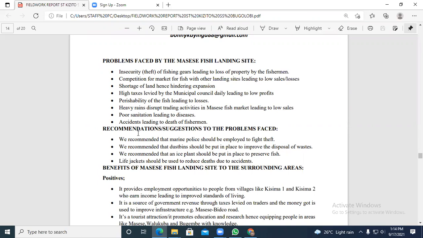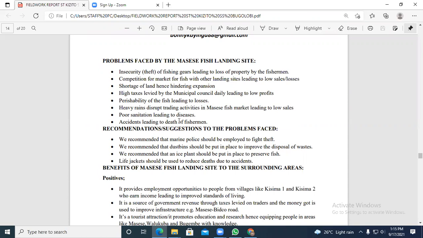So our question will be, what were your recommendations during your field work? Since it has to be past tense, you can say, we recommended that, or I recommended that. Or you can say, I suggested that, or we suggested that. Then you give a solution.